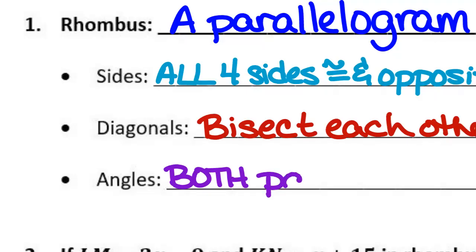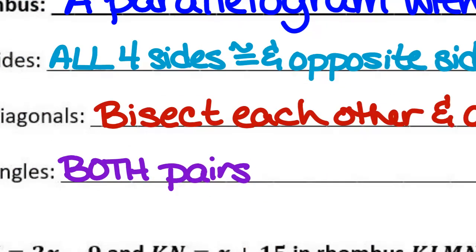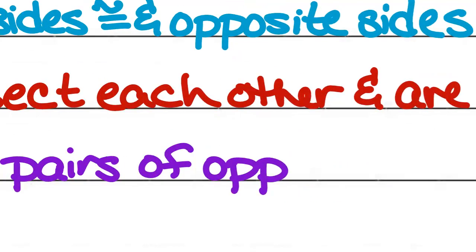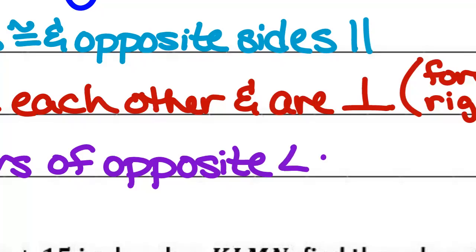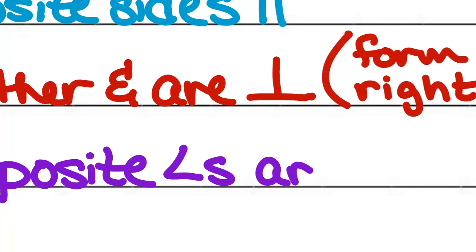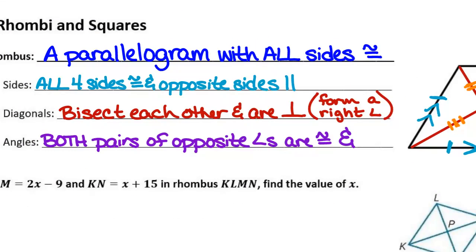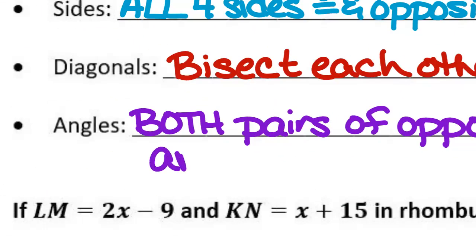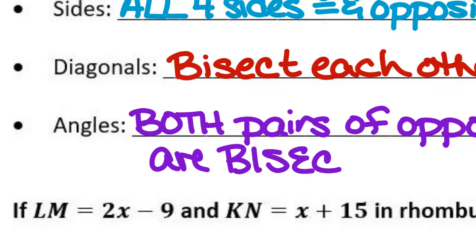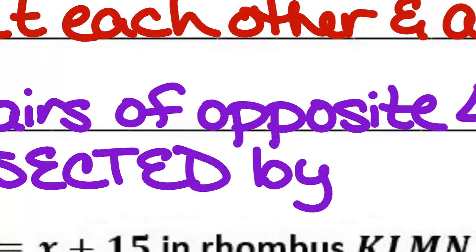Both pairs of opposite angles are congruent and are bisected by the diagonals.